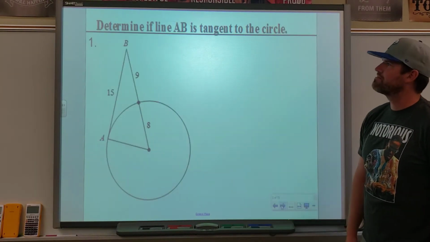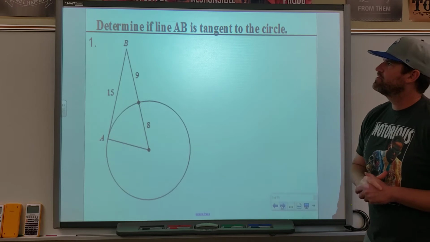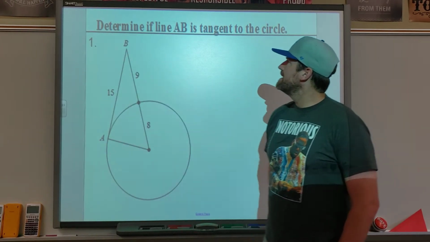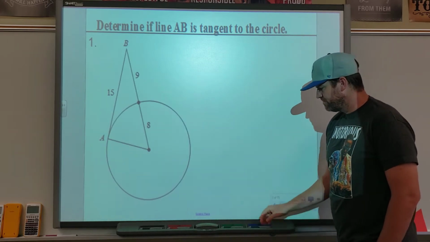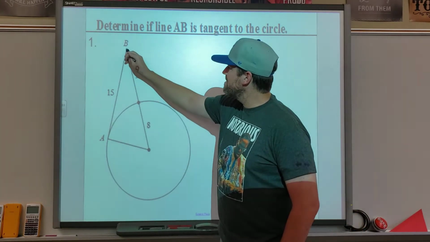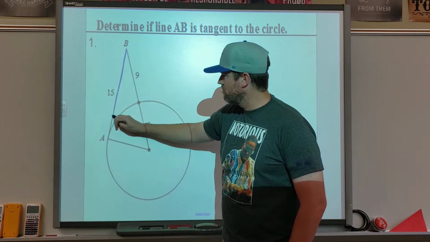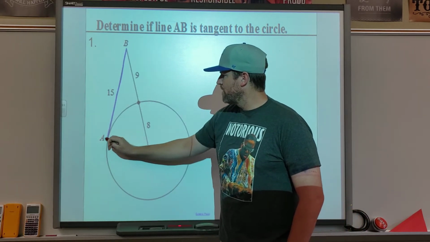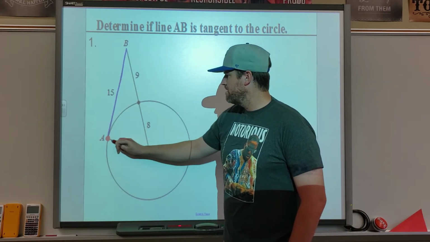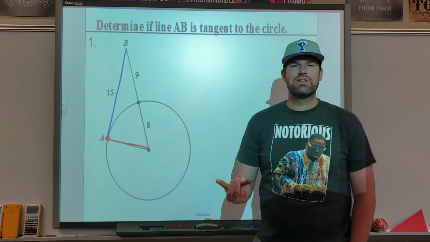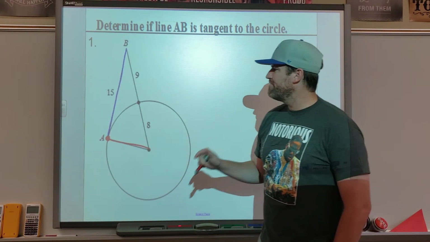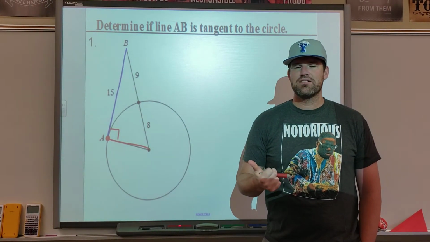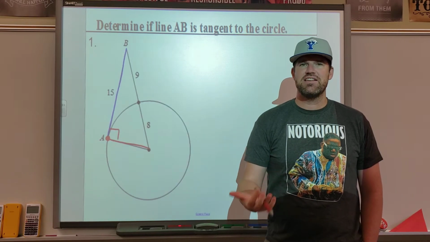Let's do some problems. All right, first one says, determine if the line segment AB, right here, is tangent to the circle. Well, I know that if this is going to be tangent to the circle, what angle would I get where the tangent line meets the radius? I would get a right angle. So if this is a right angle, then what would be true about a squared plus b squared compared to c squared?